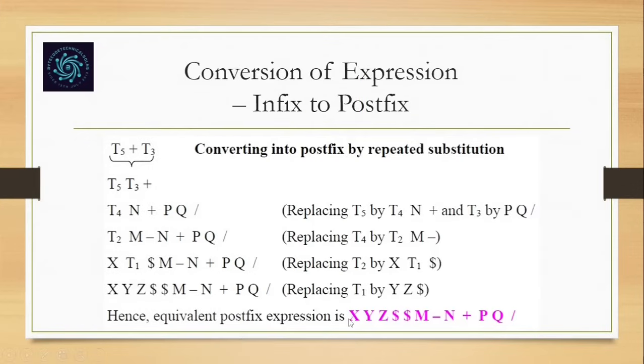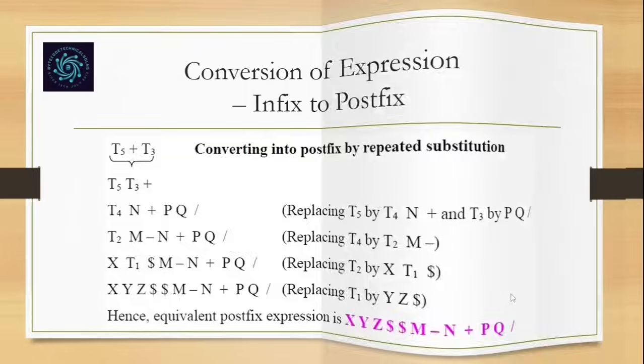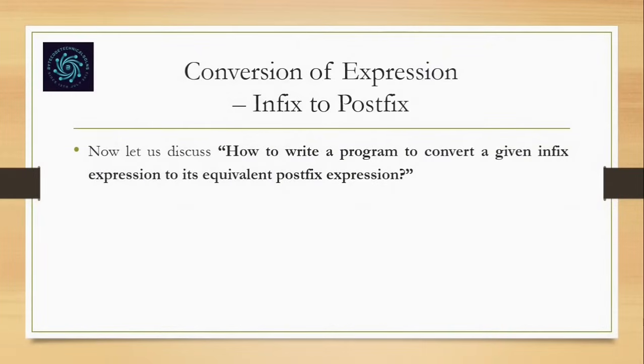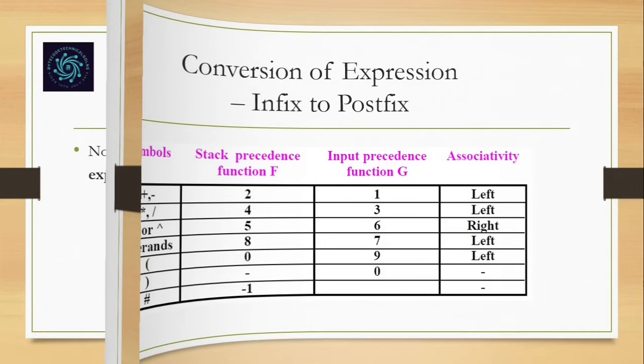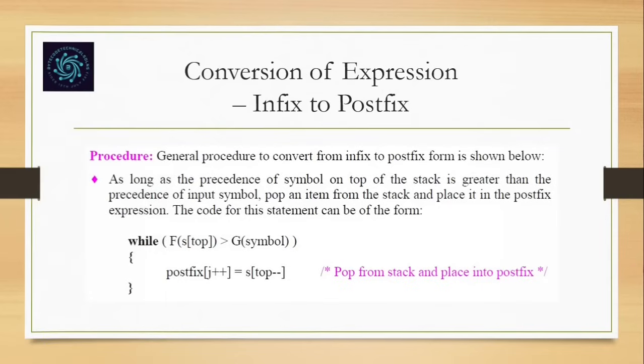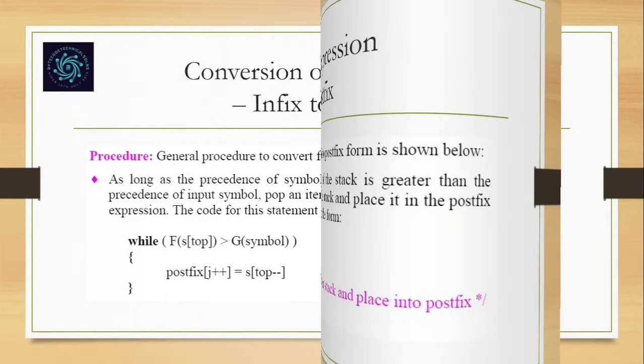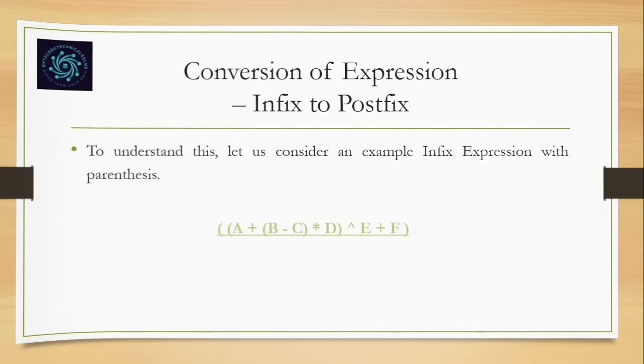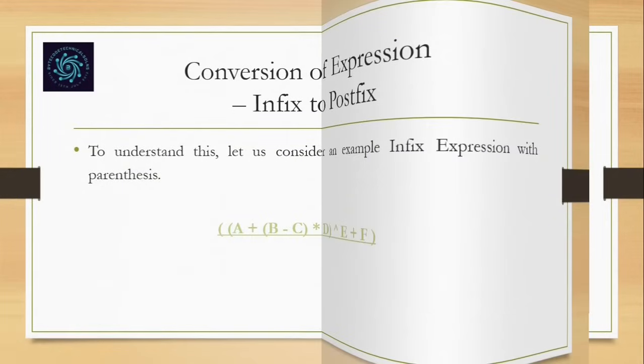Here also we have x, y, z, two times raised to symbol or dollar symbol, and then m minus n plus pq division symbol, and as a correction, here it should be plus. After comparing the mathematical approach and the programmatical approach, we are getting the same solution. Then we can say that the algorithm we have written to convert from infix to postfix is correct.